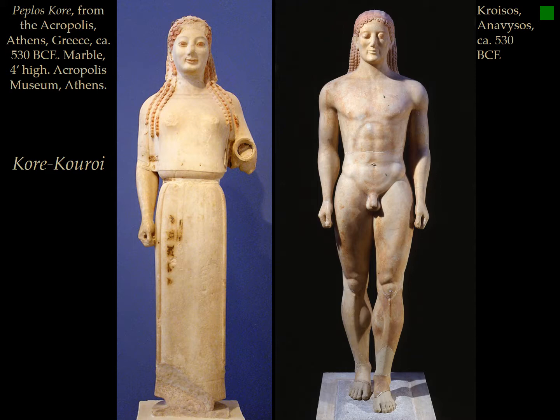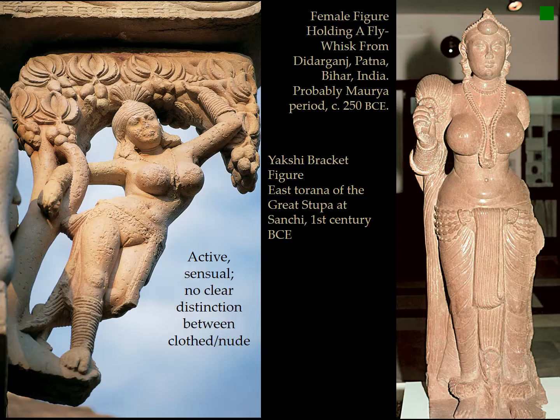Now, unlike the Greeks, who in the East are going to avoid showing the female form and are going to cover up early on the kore as opposed to the kouros, we find that this is not the case in the East.